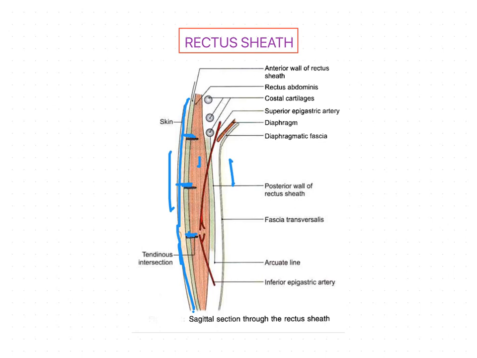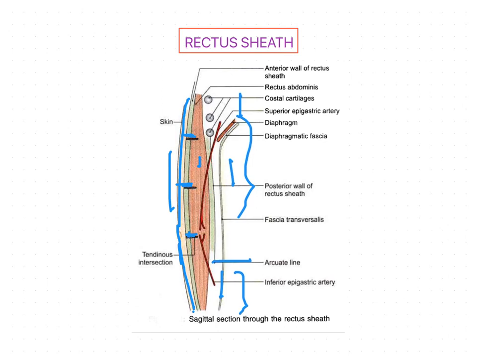Coming to the posterior wall, it is incomplete, being deficient in the costal margin region and also below the arcuate line. The arcuate line is the line between the upper 3/4 of the muscle and the lower 1/4 of the muscle.